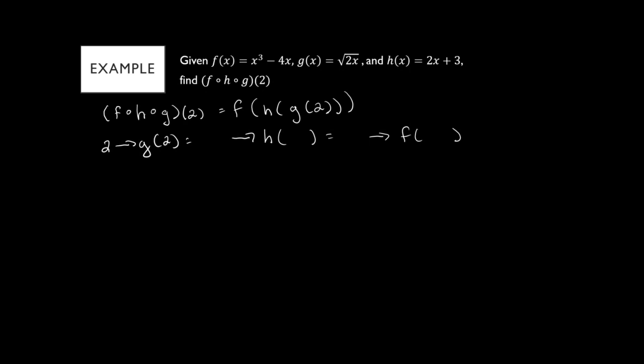You don't have to just do one function into another. You can do one into another, into another. You can do this as many times as you want. You just keep kind of adding circles.